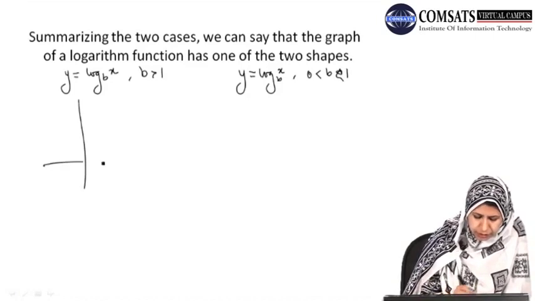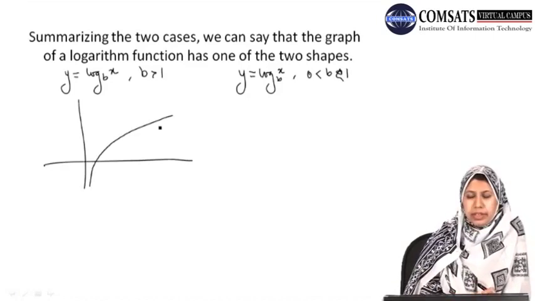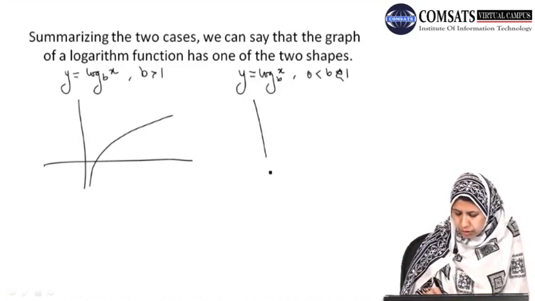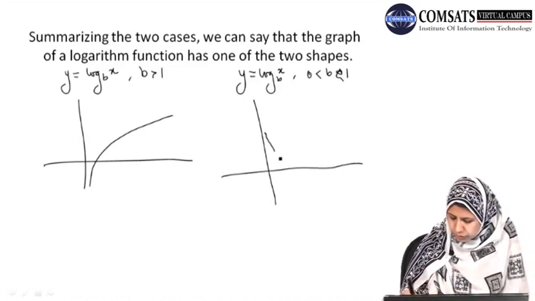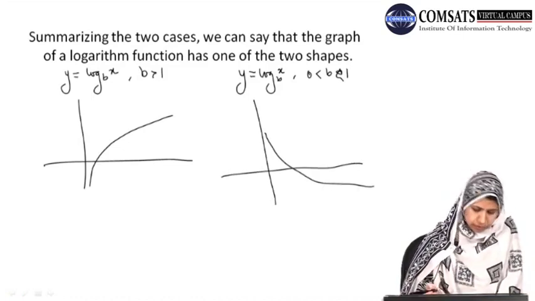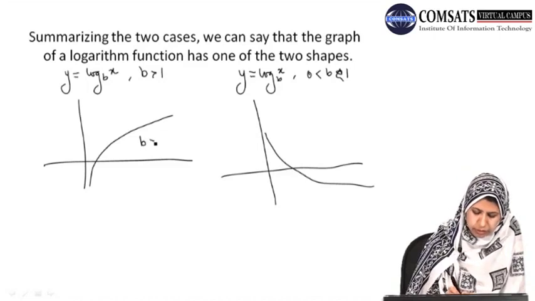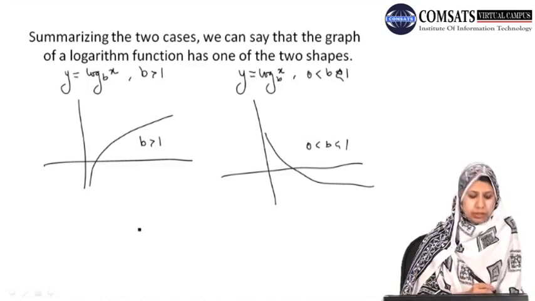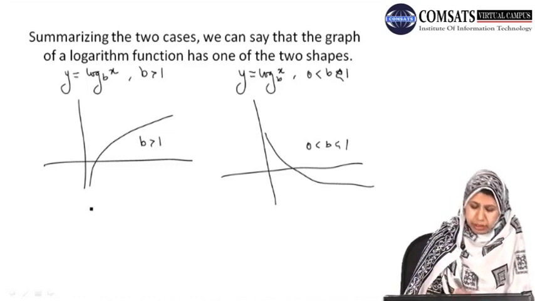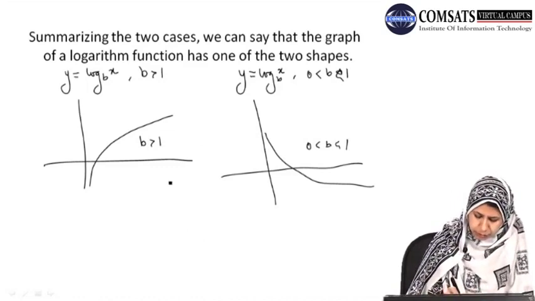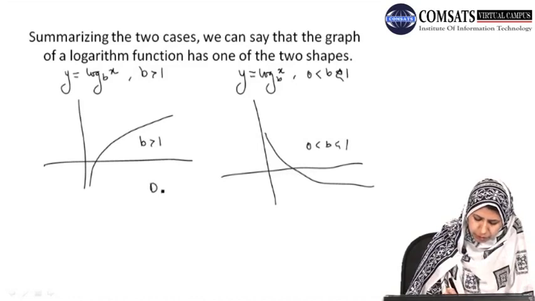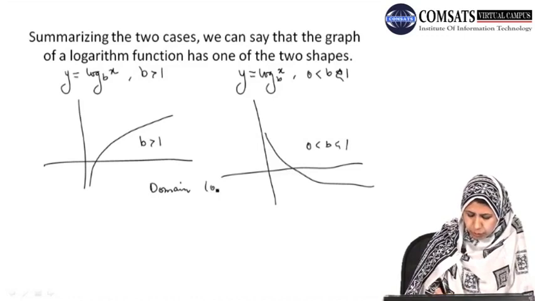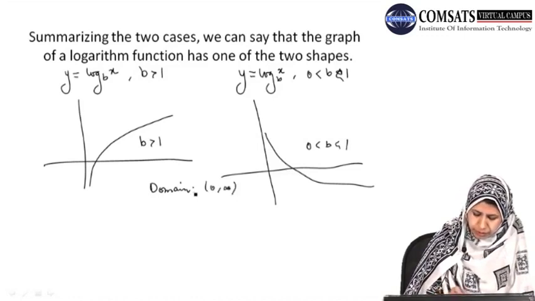In this case, we have seen that the graph is always like this, and in this case we have seen that the graph is always like this. That is when b is greater than 1, and when b is less than 1. The domain is the common domain, there is no issue. They have some common properties as well. The domain is the set of all positive reals.